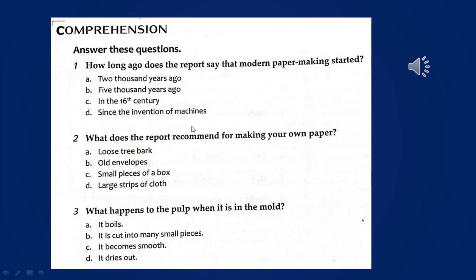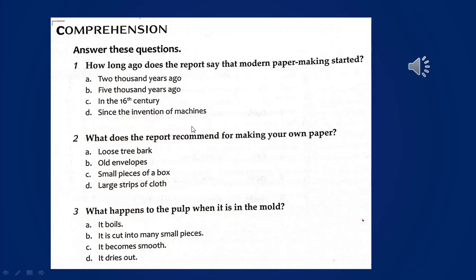The first question: how long does the report say that modern paper making started? 2,000 years ago, 5,000 years ago, or in the 16th century, they saw the invention of machines. And number two, what does the report recommend for making your own paper? Loose tree bark, or envelopes, small pieces of a box, large strips of cloth.